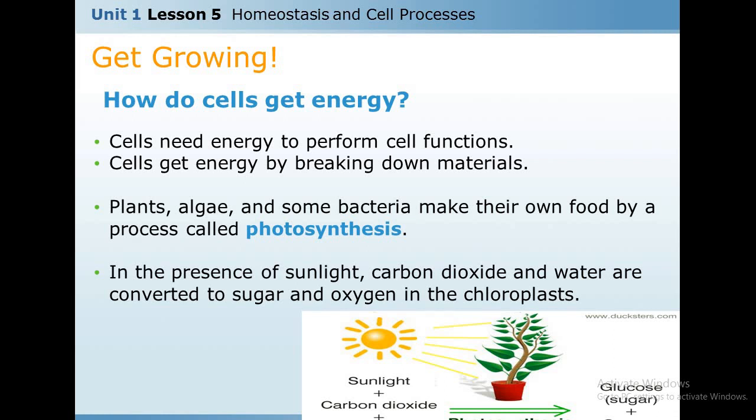It's the process by which the plant can make its own food through getting sunlight, carbon dioxide and water. Together, the sunlight, the carbon dioxide and the water are going to form the glucose, which is the food that's going to supply the plant with energy. Okay?